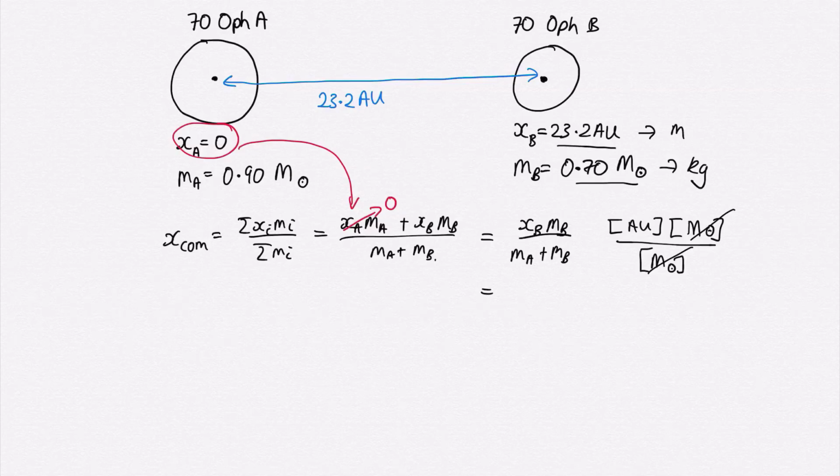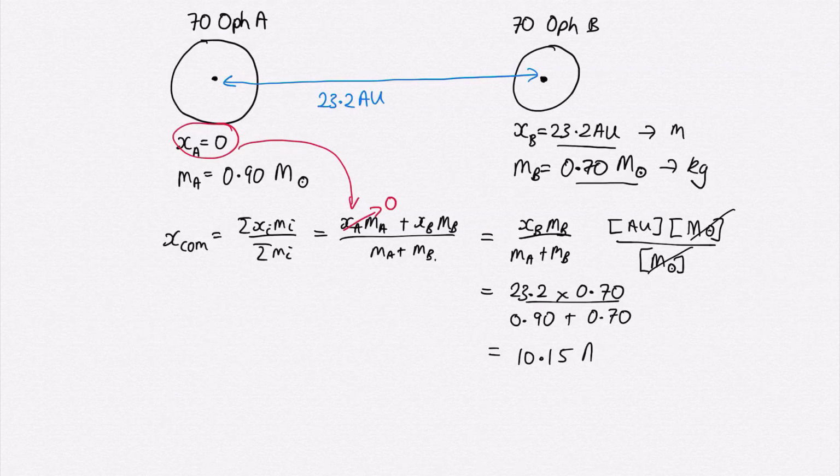So let's now substitute in. So 23.2 times 0.70 over 0.90 plus 0.70. And solving that on the calculator, I get 10.15 AU. So we can write this as 10.2 AU.